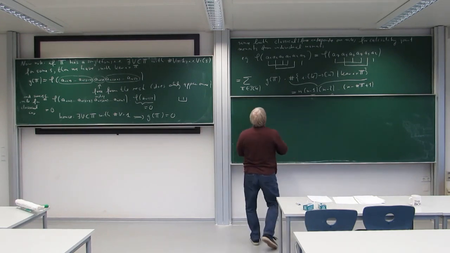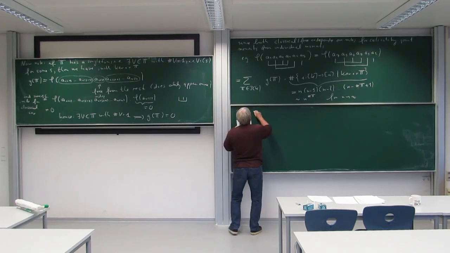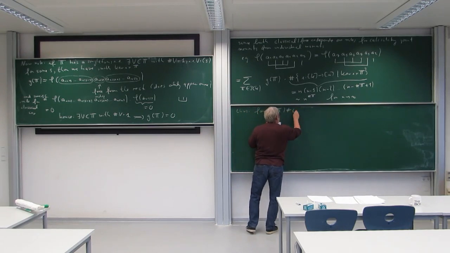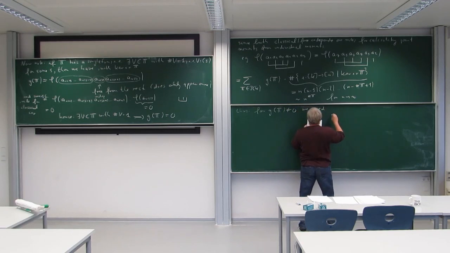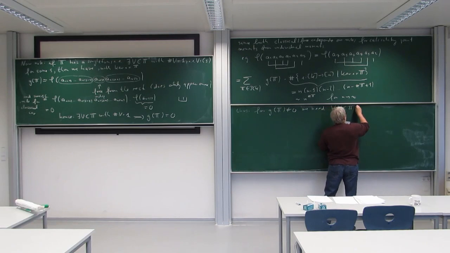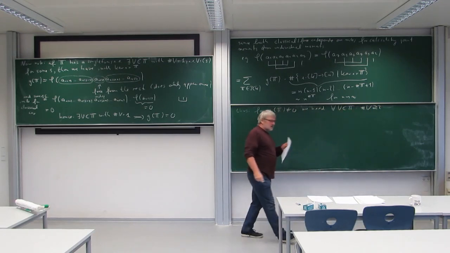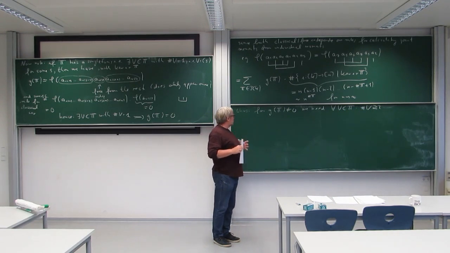So we see, if we are only interested in pi's for which g of pi is different from 0, then we need that for all blocks in our partition, this block must have at least 2 elements. Yeah, but this means, on the other hand, that the number of blocks for such a partition can be at most k over 2.